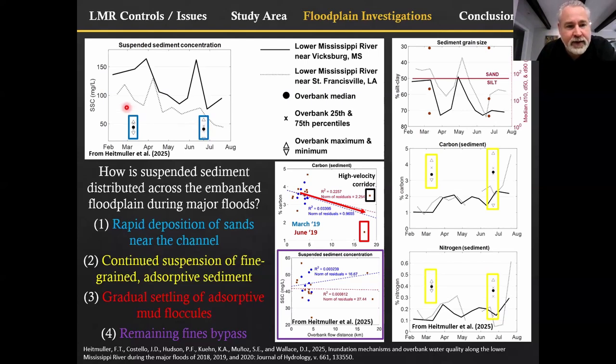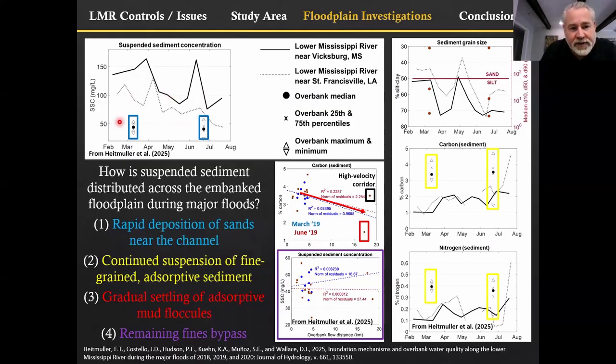And we took a look at some of the different sediment concentrations and compared them to the main channel, both upstream and downstream. And what we found was that in the actual floodplain, approximately 2 to 5 kilometers away from the channel bank, where our sampling sites were located, there were considerably lower suspended sediment concentrations relative to the river channel.